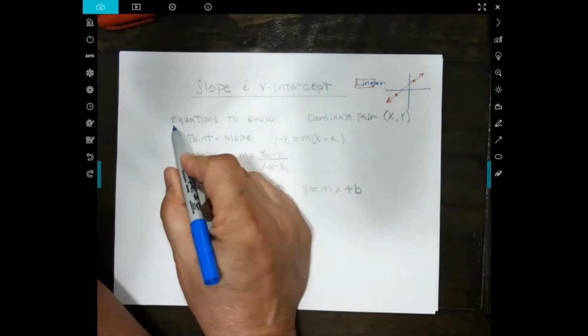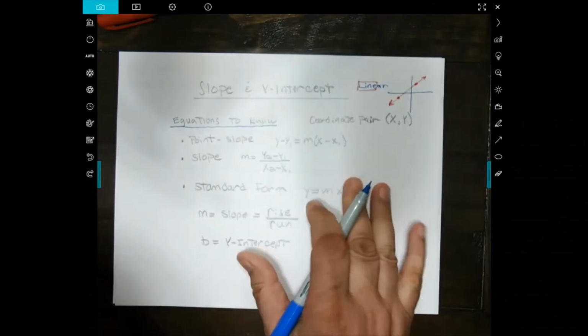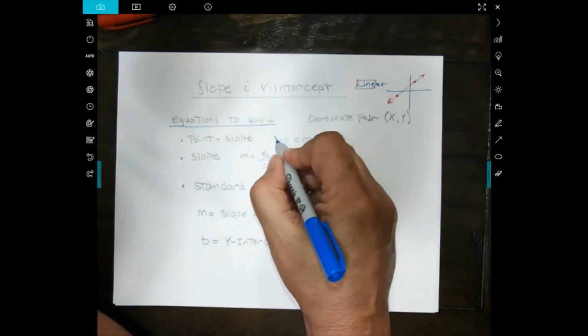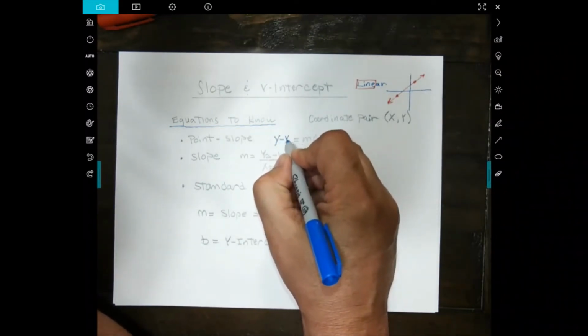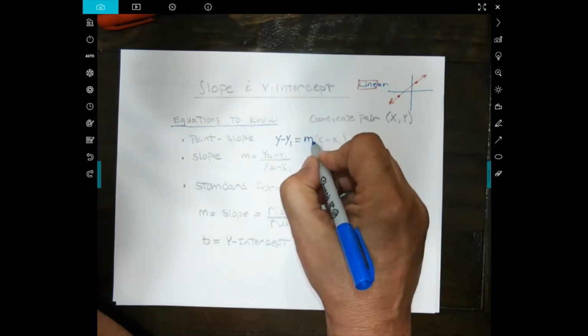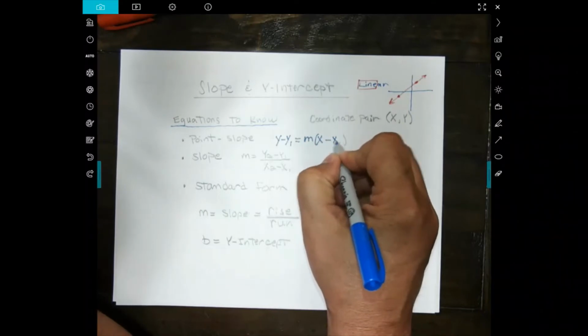Equations that you should know, and you've been exposed to already, is the point slope form of the equation. y minus y1 equals the slope, which is m, times x minus x1.